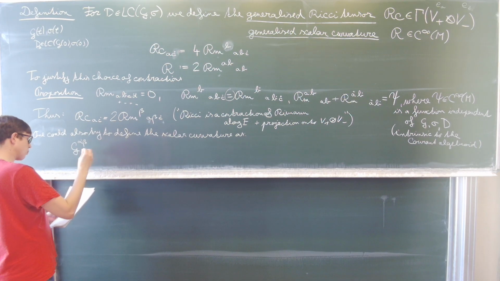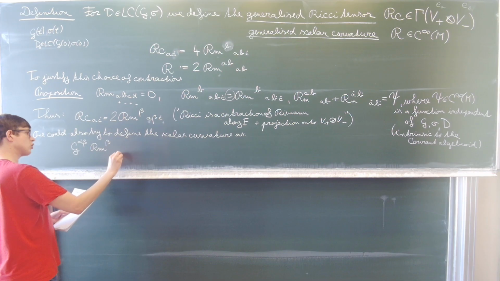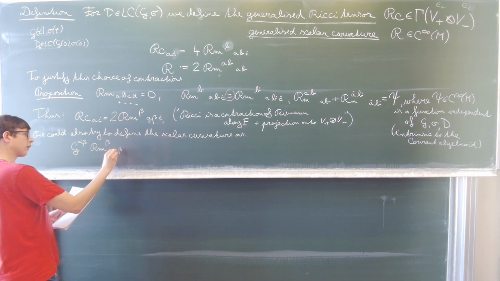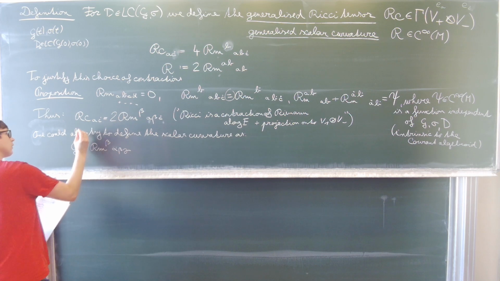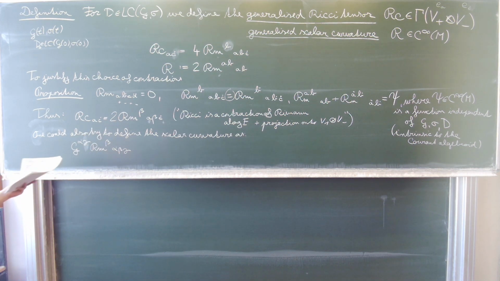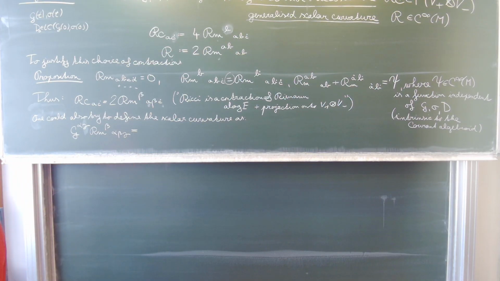In normal geometry, what you do is you take the Riemann tensor, you contract it once to get Ricci, and then you use the metric to contract on the other two indices. So you could say that maybe this one is better as a definition of scalar curvature. So let's see what this thing is. And if we develop it, the claim is the thing I put up there.